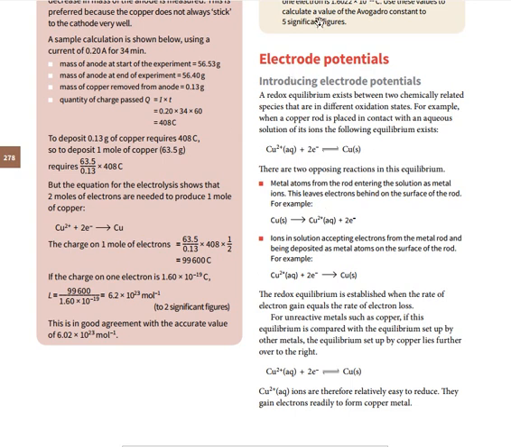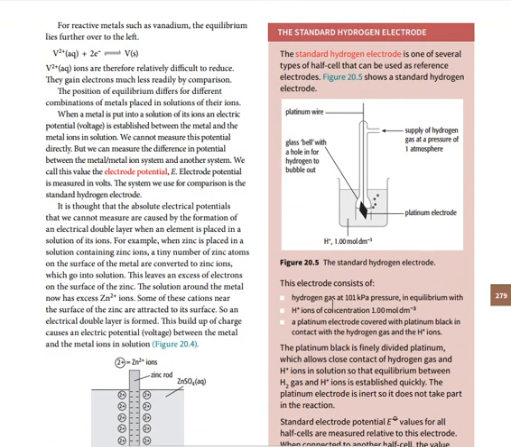This is going to produce a particular electrode potential. That electrode potential is the magnitude of the voltage of that redox equilibrium. That voltage of the redox equilibrium is called the electrode potential, and it varies for every element. So these are the points to note.